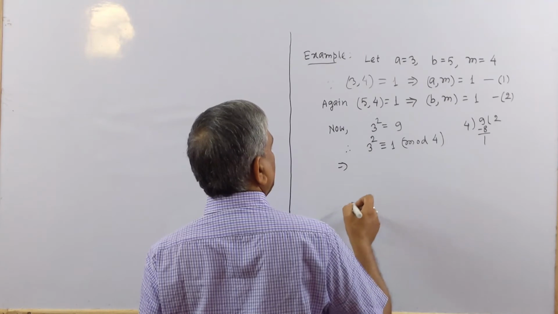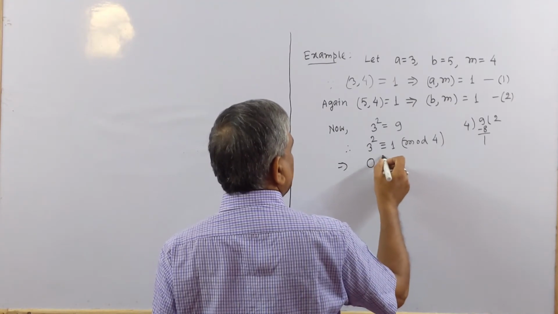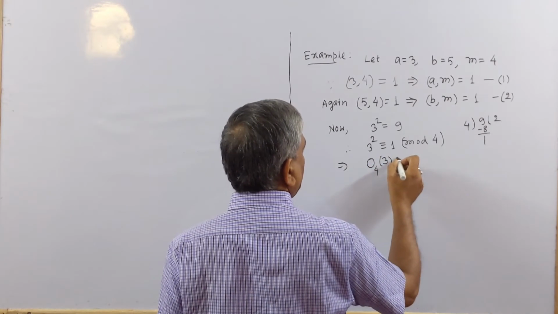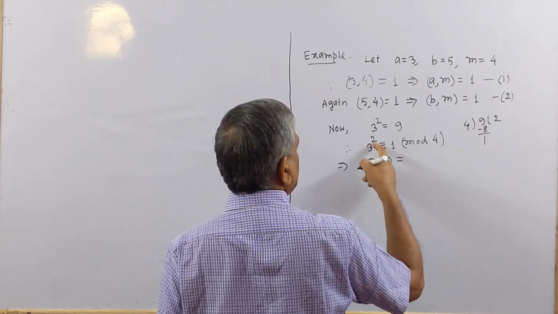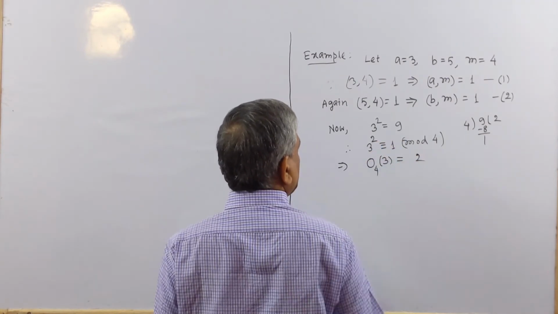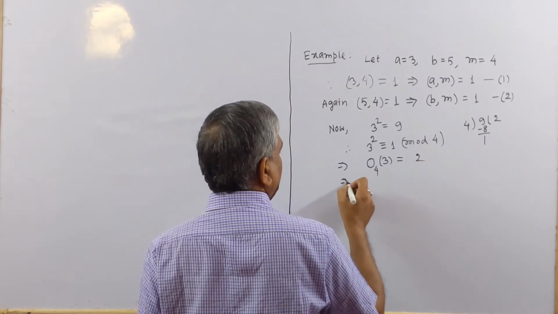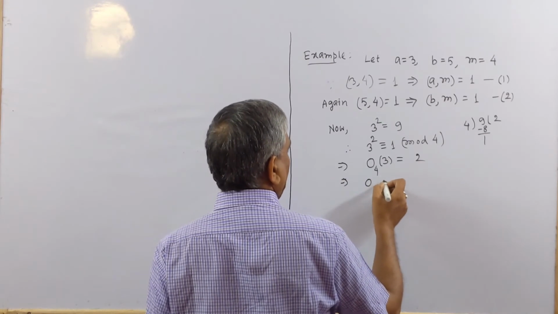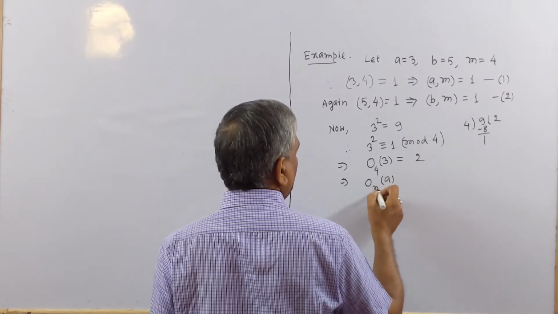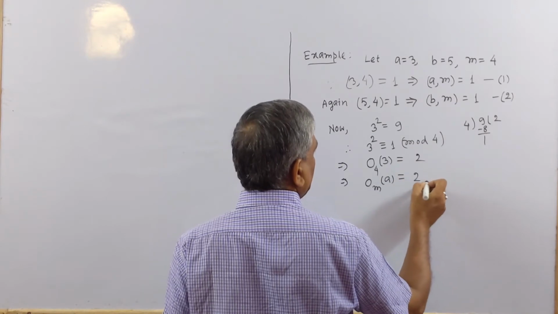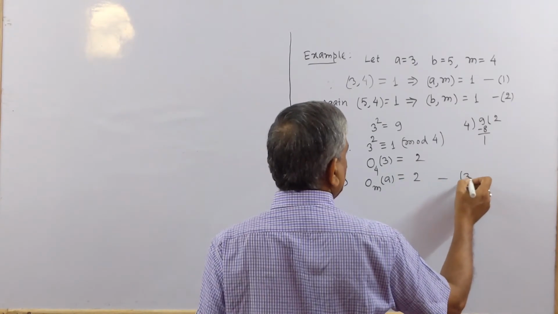Implies that order of 3 modulo 4 equal to 2. Implies that order of a modulo m equal to 2. Let this be number 3.